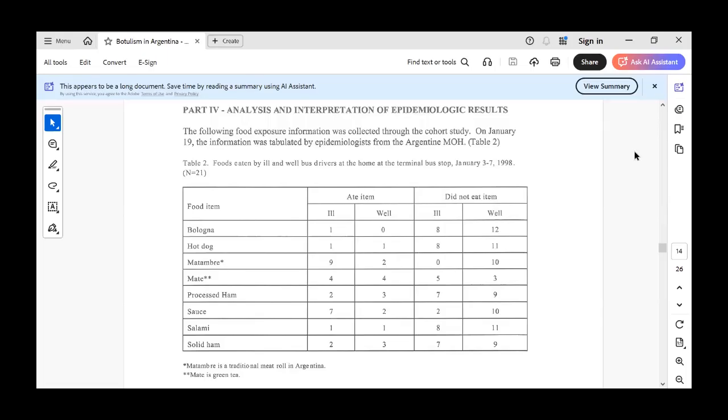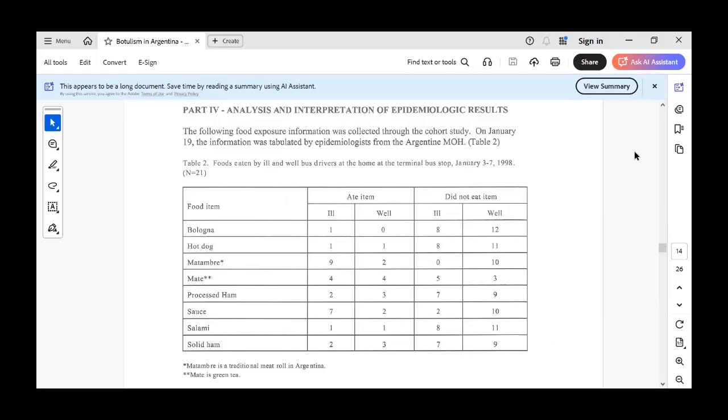So the number of new cases over the population at risk. So 1 over the total number of people who ate bologna, so it'd be 1 over 21, which makes it 4.8, not so?